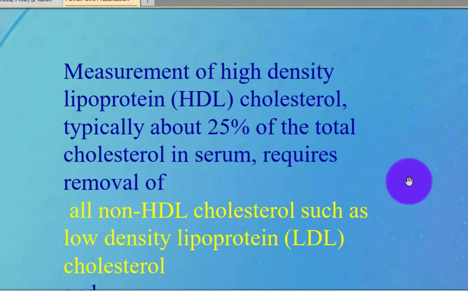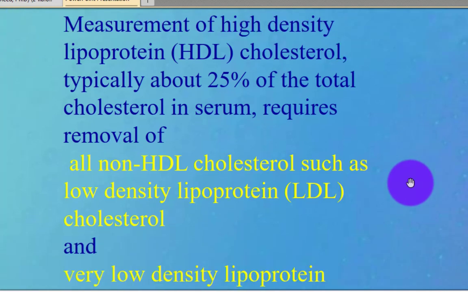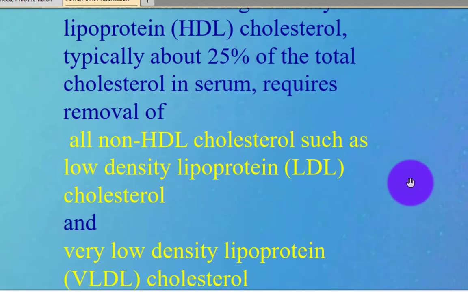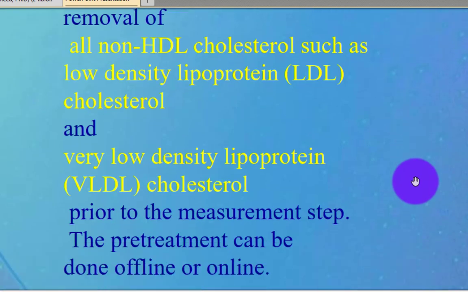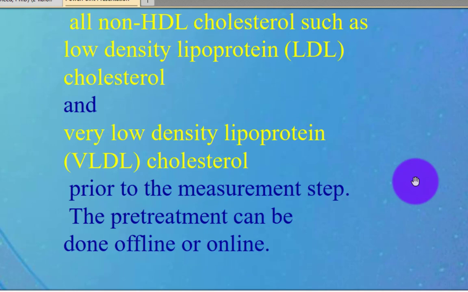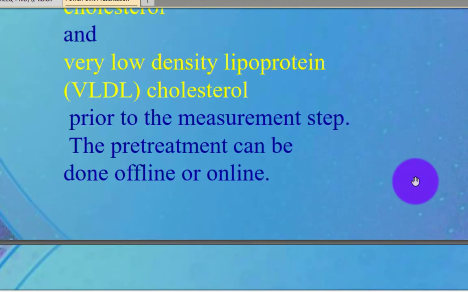Measurement of high density lipoprotein, HDL, cholesterol, which is typically about 25% of the total cholesterol in serum, requires removal of all non-HDL cholesterol, such as low density lipoprotein, LDL, and very low density lipoprotein, VLDL, cholesterol.